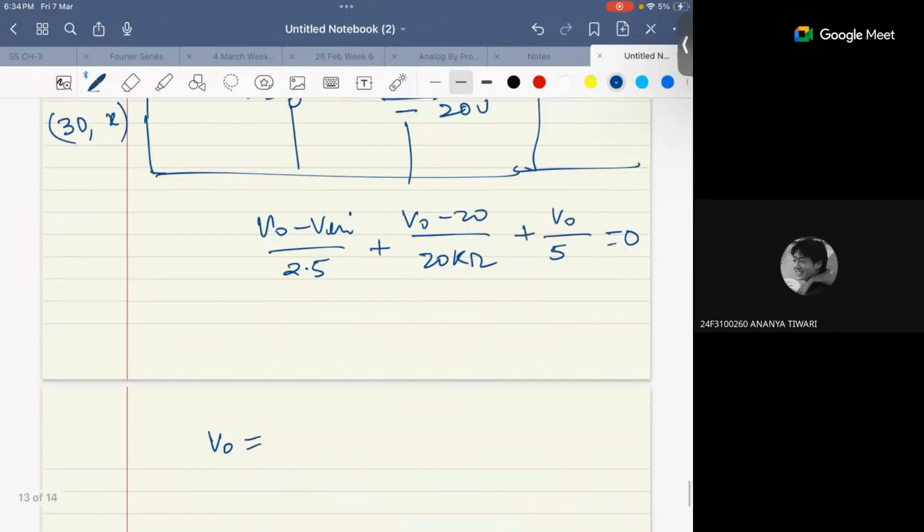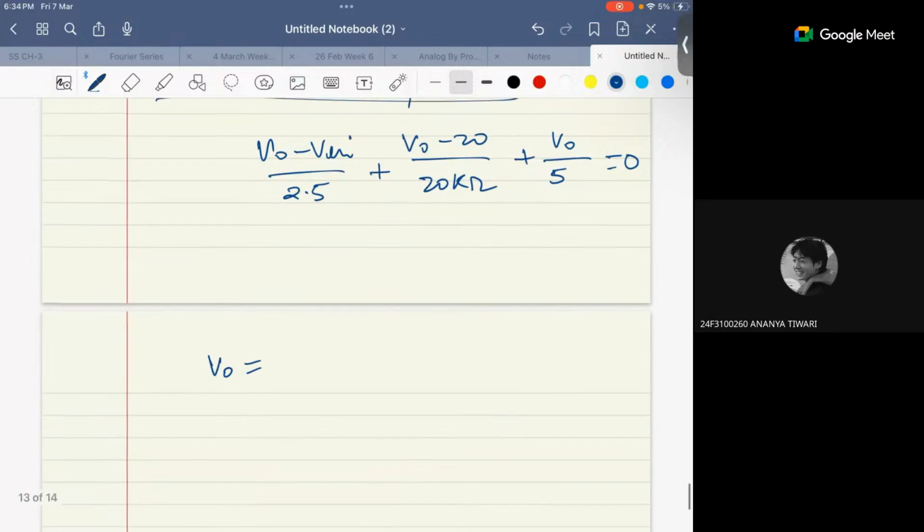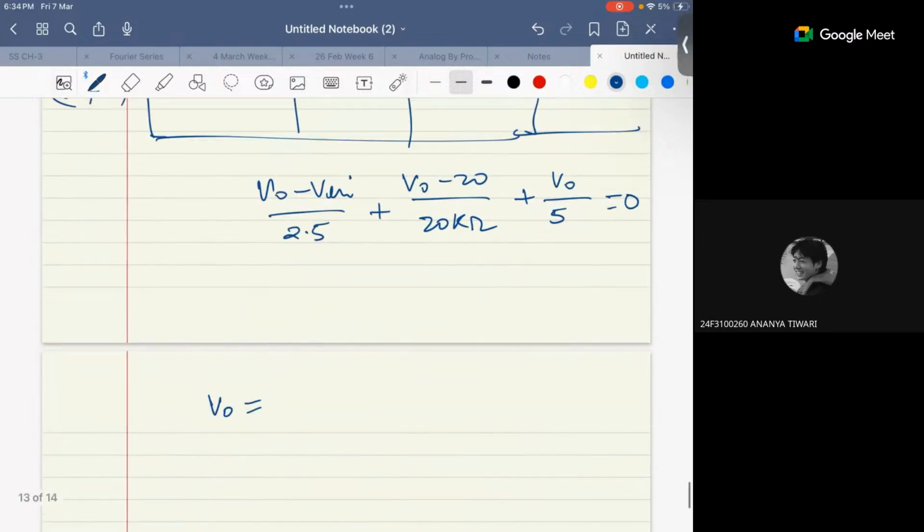But here, see, now the issue is, what will happen? You can calculate the value of V input, so this is 5, and you can get an equation. Whatever equation you get will be in the form of some slope S times V input plus some constant C. Correct?